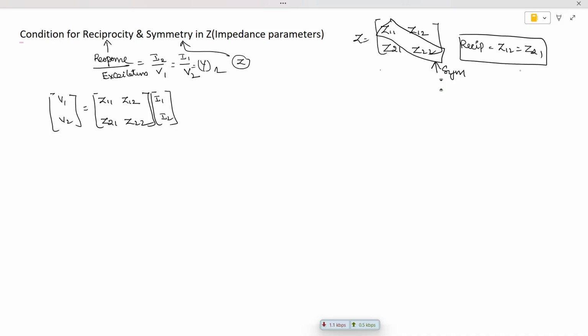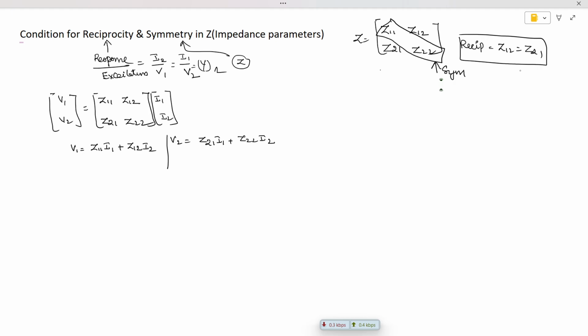So the first equation is V1 is equal to Z11 I1 plus Z12 I2. The second equation is V2 is equal to Z21 I1 plus Z22 I2.